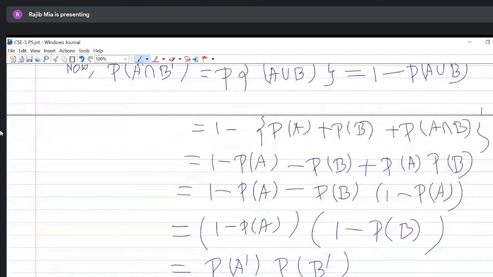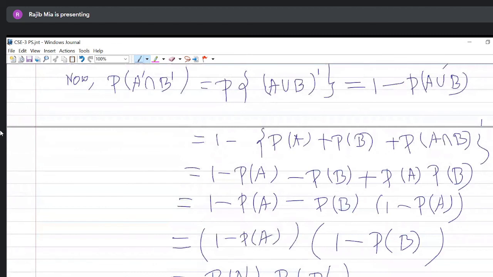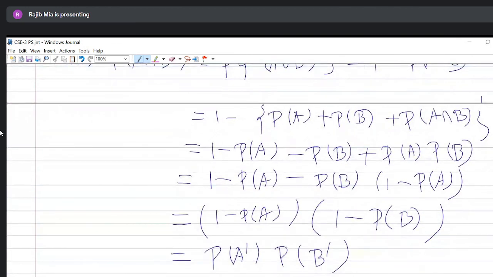So probability of A complement intersection B complement equals probability of A complement into probability of B complement. This implies A complement and B complement are independent events.